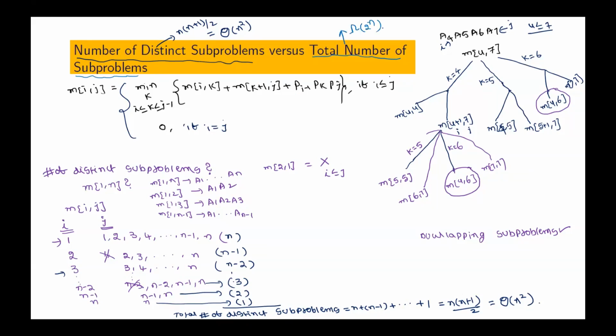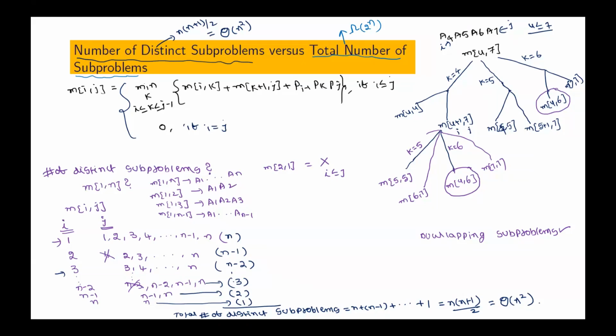That's what we calculated, it is 2 power n or even more than 2 power n. But the number of distinct subproblems is theta of n square, whereas the total number of subproblems we are solving is big omega of 2 power n.